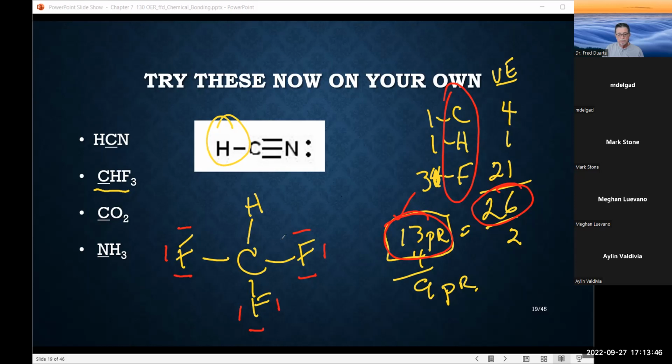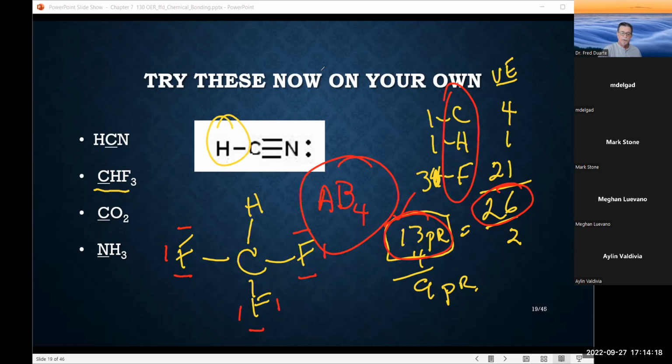13 pair. Now let's figure out the general formula. We have A, which is the central atom, and then we have B, which would be a 4, AB4. It does not make a difference that we have a hydrogen and a fluoride. B is whatever's bonded to the central atom, be it whatever atom, and there's four elements bonded to the central atom. So we have the general formula of AB4.